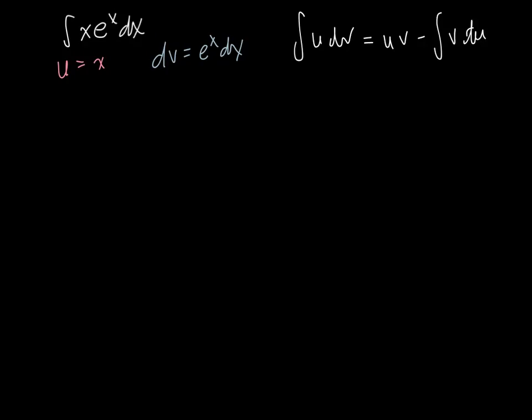Okay, so we've identified u and dv, and then we just need to find what v is and what du is, right? Because those are the other parts of the problem that I don't have. We need to find du and v, because we're going to use them both here and here.